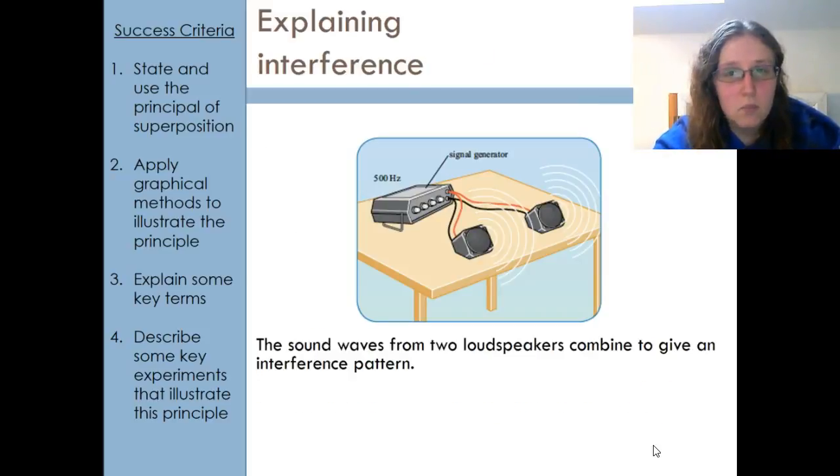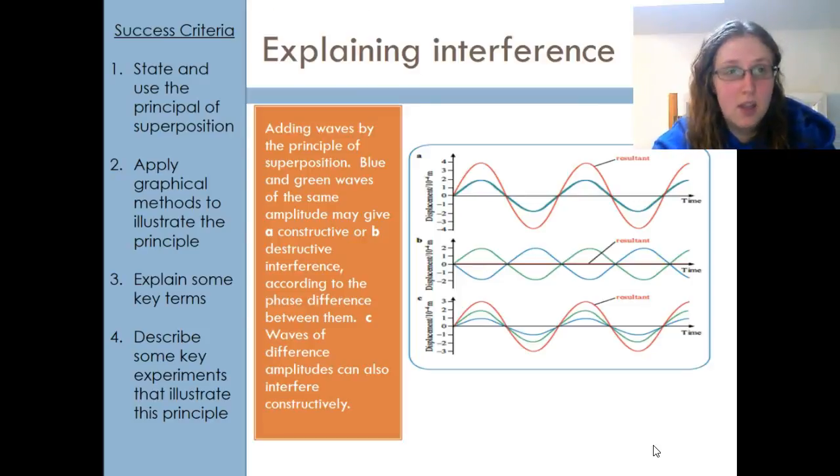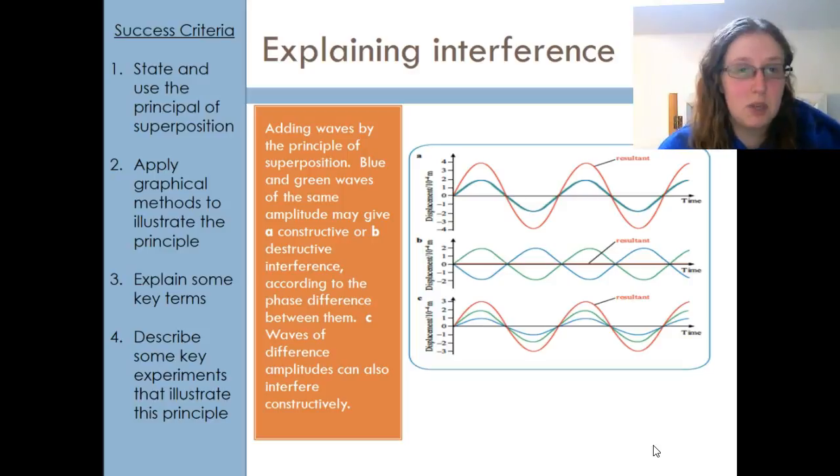So when we're in class, I'll let you experience this. I'll set this up. I can create an interference pattern with 2 speakers: set up 2 speakers playing the same sound with a distance between them. We end up with these loud and quiet spots. Just to explain what's happening, it's just the principle of superposition.